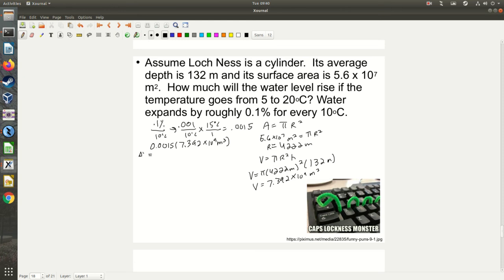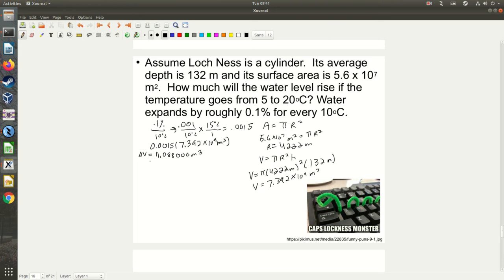And that's going to give me my change in volume, which is going to be 11,088,000. So the change in volume just by thermal expansion of Loch Ness, with some assumptions there, is somewhere around 11 million. Quite a lot of water change.